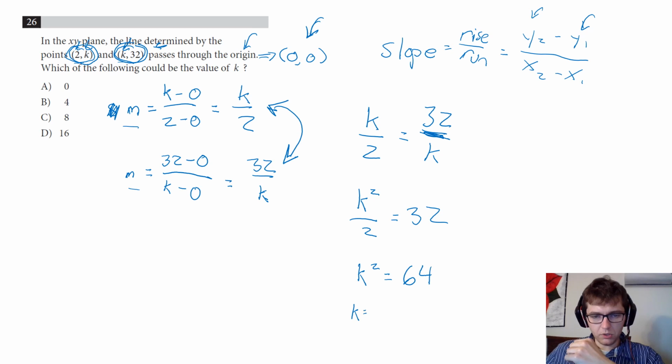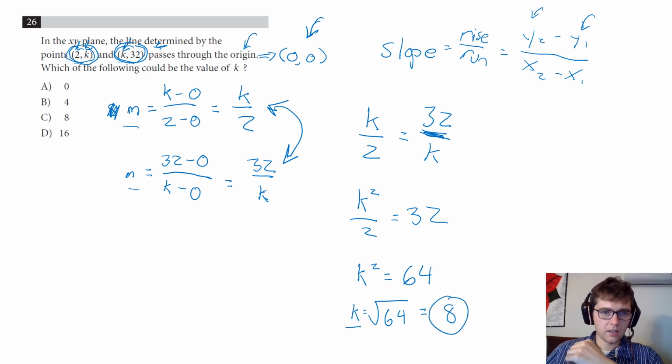So k is equal to the square root of 64, which you can plug in your calculator if you like, or know that it is 8. So k is equal to 8, which the following could be the value of k. 8 is correct. There might be other values of k, but 8 shows up here, and we showed that 8 could be a value of k. So in this case, C, 8 is the correct answer.